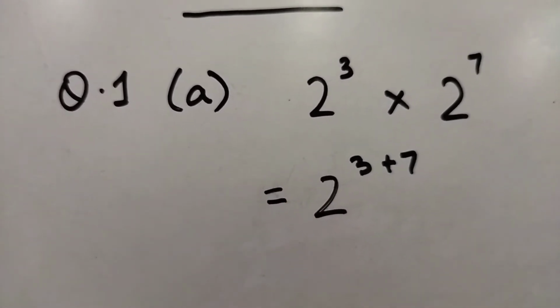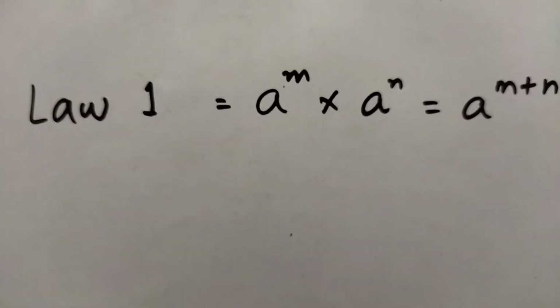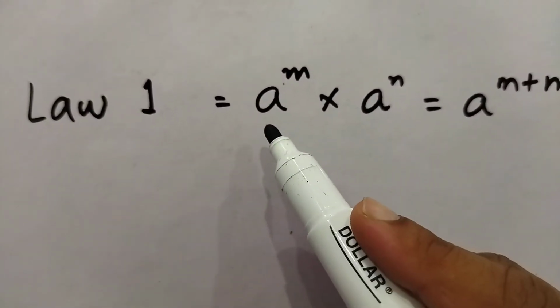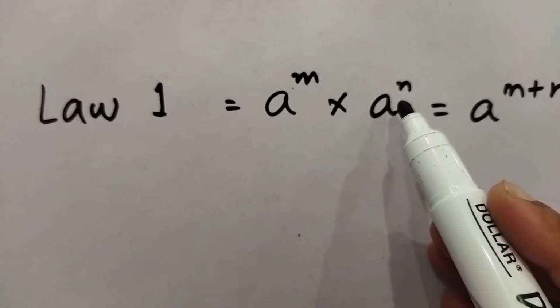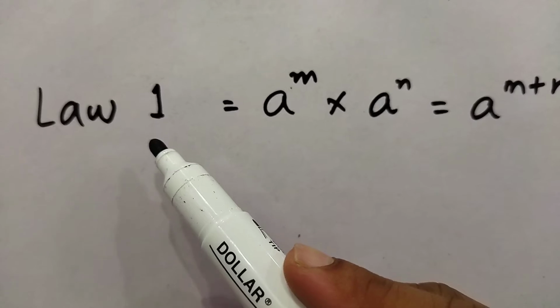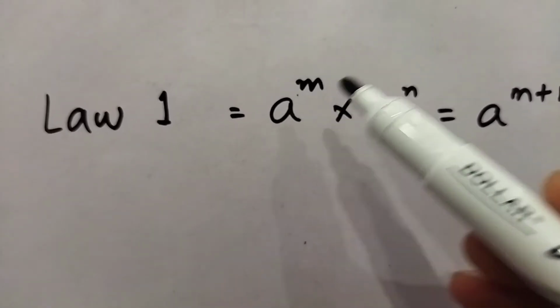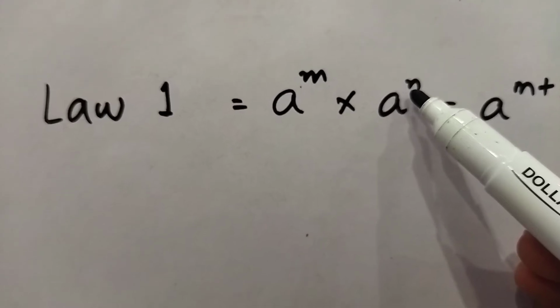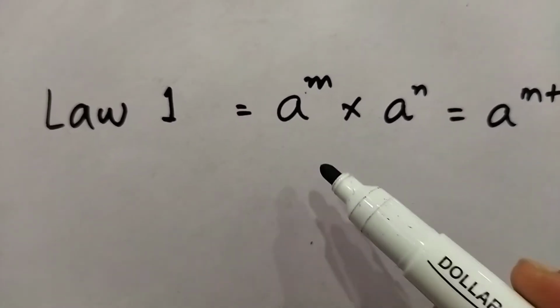Why are we doing this? Because law of indices says that if A is a real number and M and N are positive integers, then law number 1 of indices says that A raised to power M times A raised to power N is A raised to power M plus N. Understand? So remember, it's very easy.